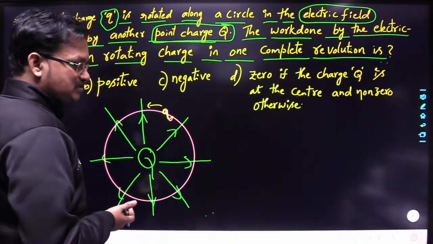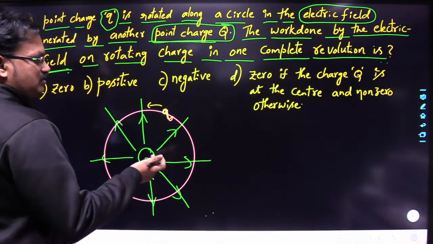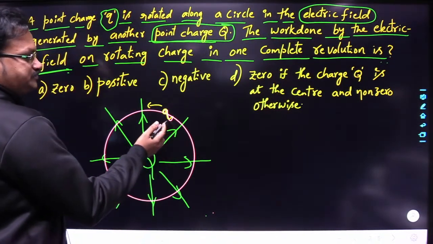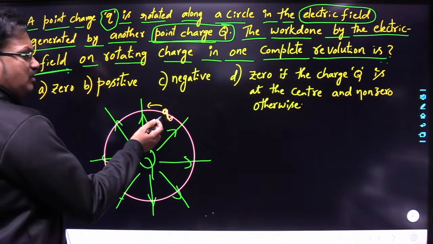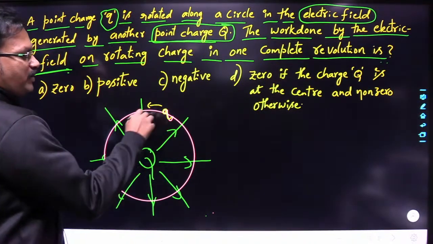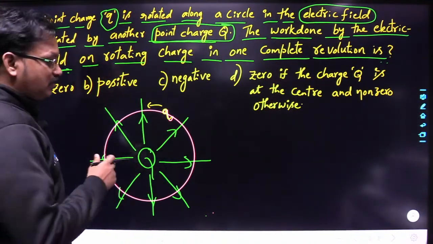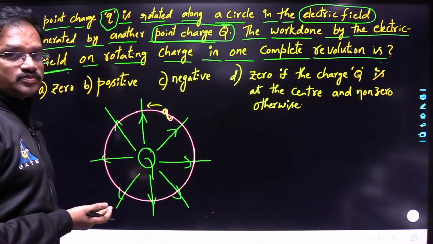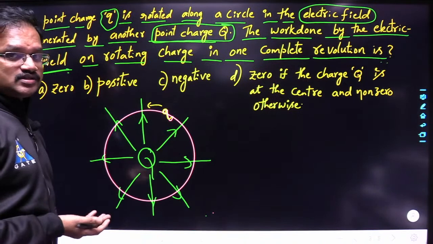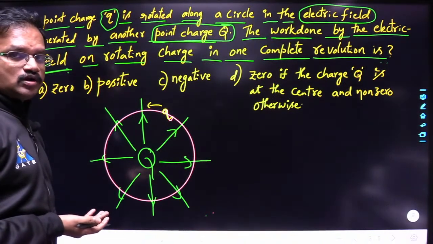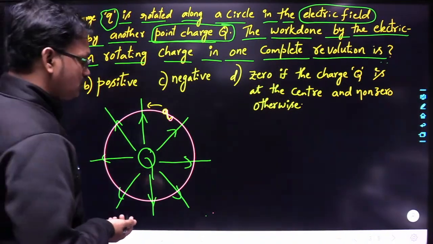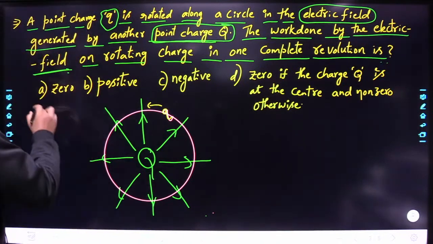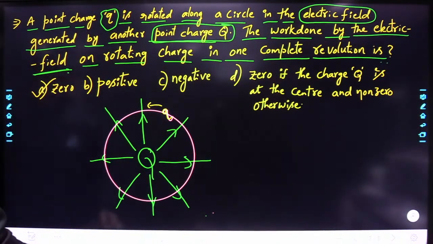They are asking indirectly for the work done around this closed path. In a conservative field, the work done around any closed path is always equal to 0. Yes or no? So you can directly say the answer is 0.